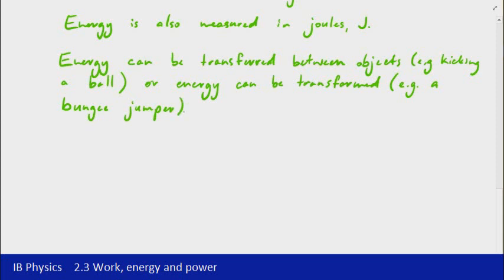As they jump off, the gravitational potential energy is transformed into kinetic energy, and then as the bungee jumper continues to fall, the bungee cord will start to stretch and the kinetic energy is transformed into elastic potential energy.